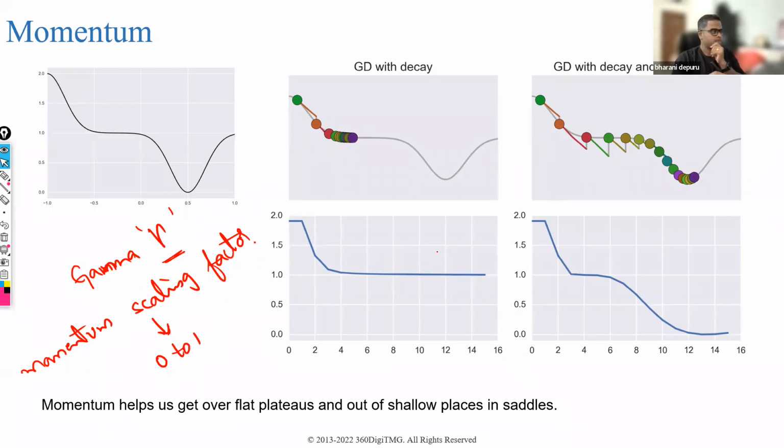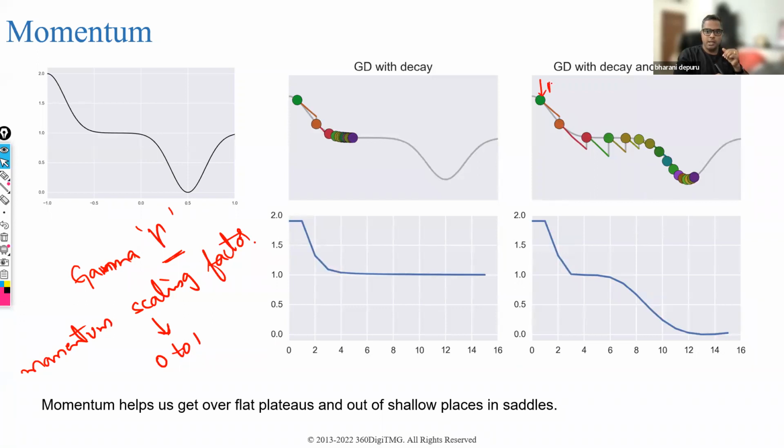Now, suppose that your weight is here, at A, which we updated to make it B. We now want to find the next value of the weight.